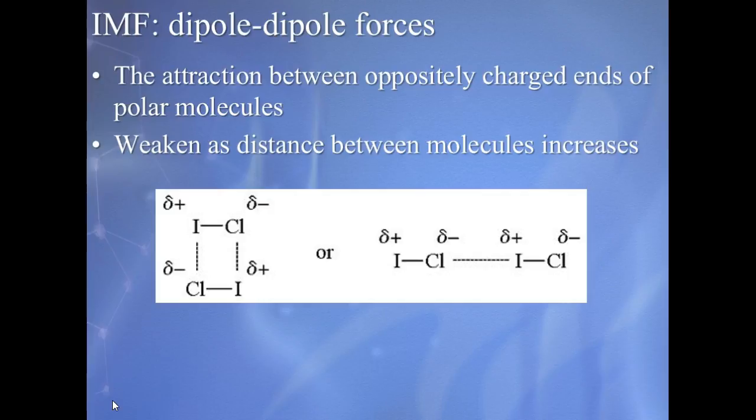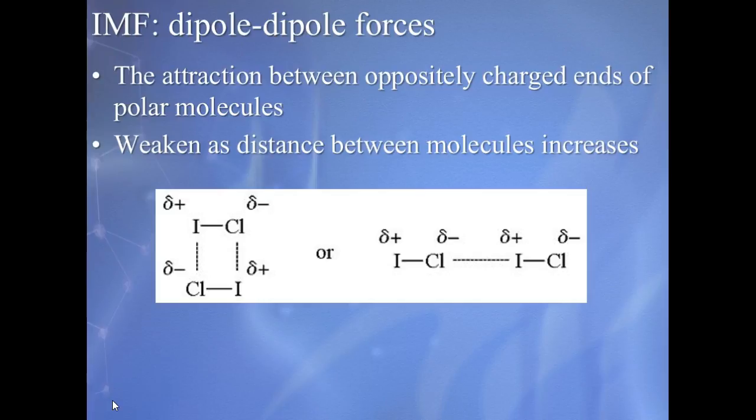And you see again in the diagram, the symbol for partial charges, the lowercase Greek letter delta that looks like a squiggle. You see that the positive side of one molecule is attracting the negative side of another one. A little bit harder to see from the back, but something to notice is that whenever you draw diagrams of these things, covalent and ionic bonds are drawn with a solid line.